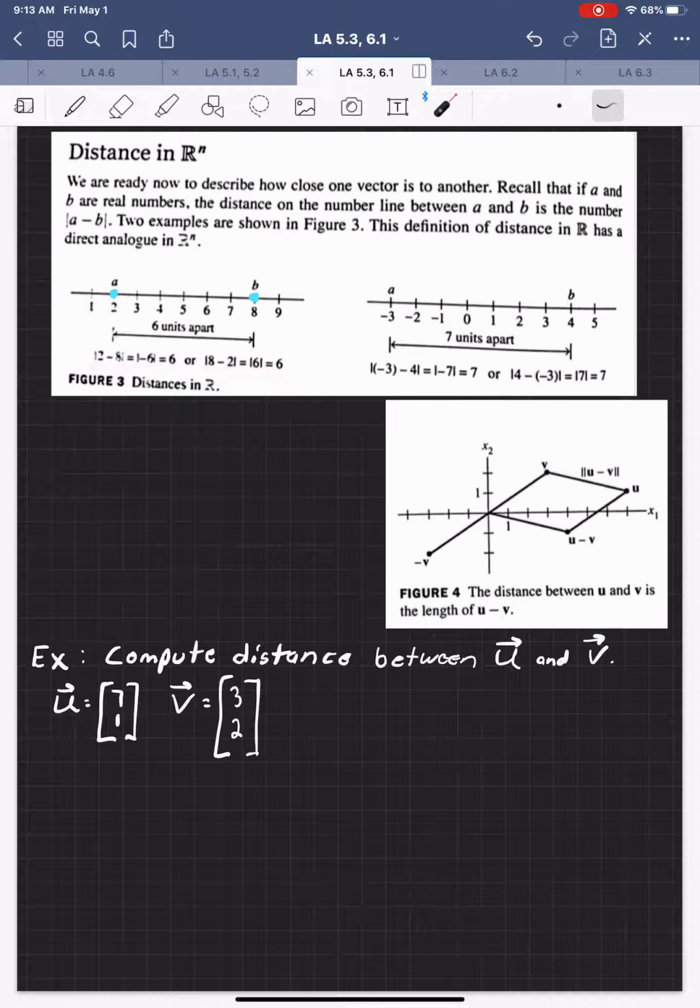Either way, we use that absolute value to make sure that we get the same distance.